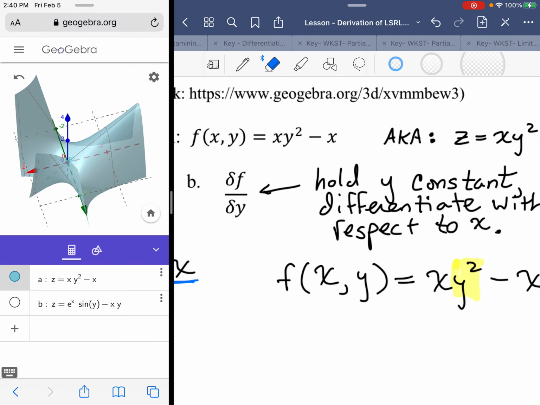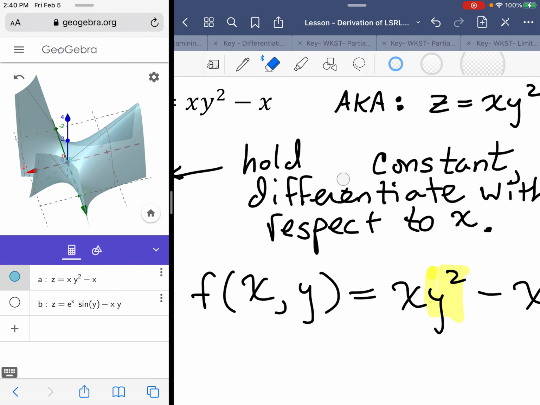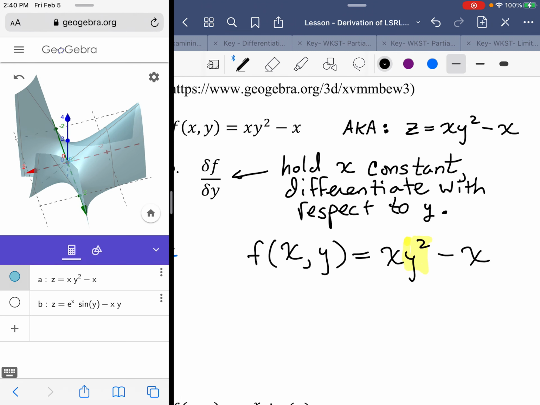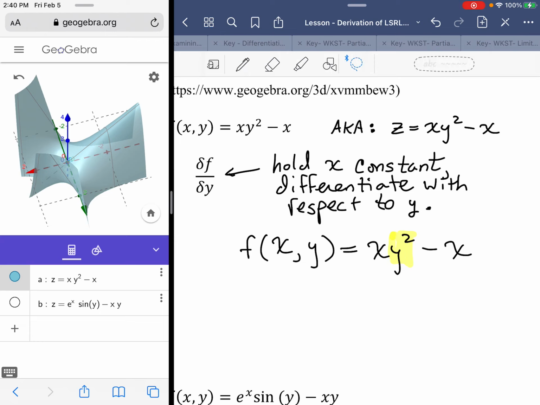I'll make little special modifications. That means that the x values here are thought of as constant multipliers. And actually, in this case, this is just a constant, period.